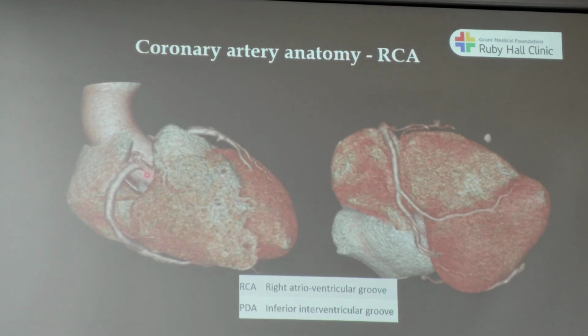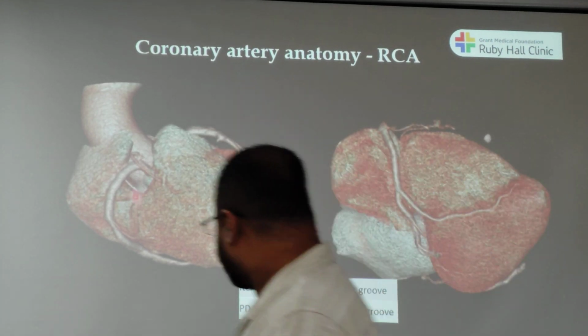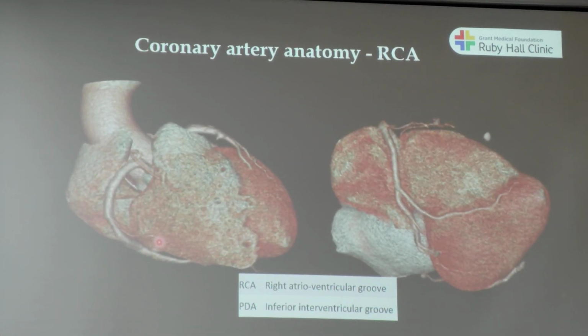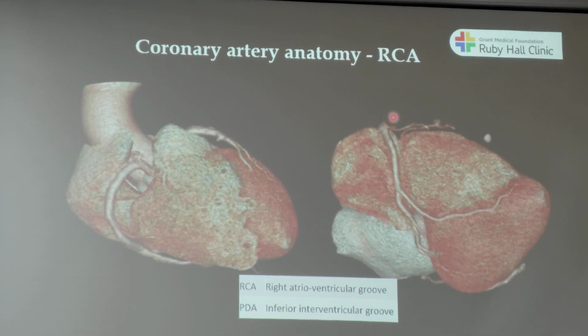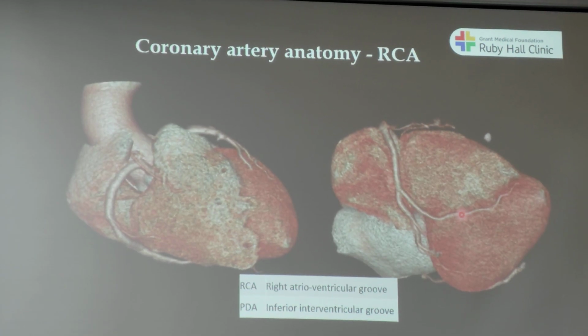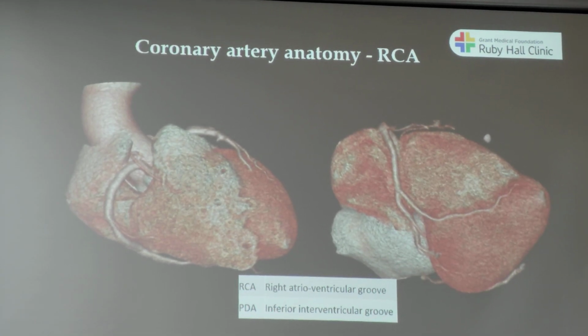Okay, and this is your RCA or right coronary artery, which goes into the right atrioventricular groove, which further goes down and divides into the PDA or posterior descending coronary artery, which runs into the inferior interventricular groove. Okay, so there is an anterior interventricular groove, and then there is a posterior or inferior interventricular groove.